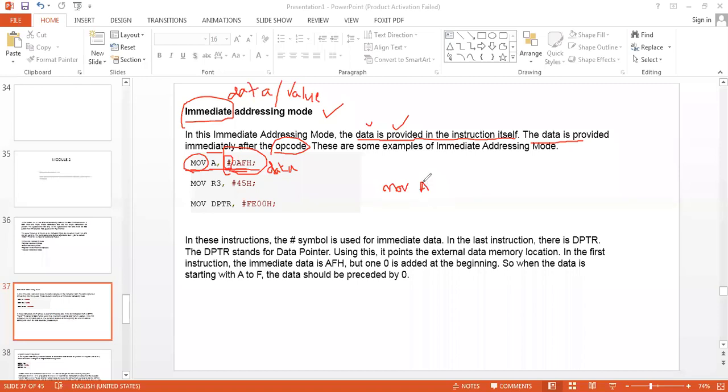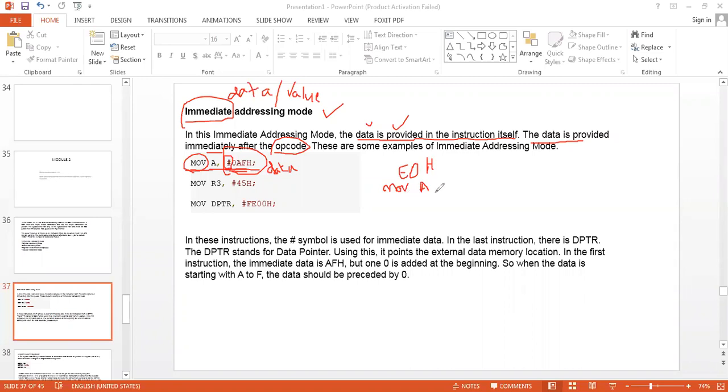The memory location of the A register is in the special function register. An extra 128 bytes is added to the 128 bytes of RAM, where the address of A is E0H. And what is the address of the B register? That is F0H.